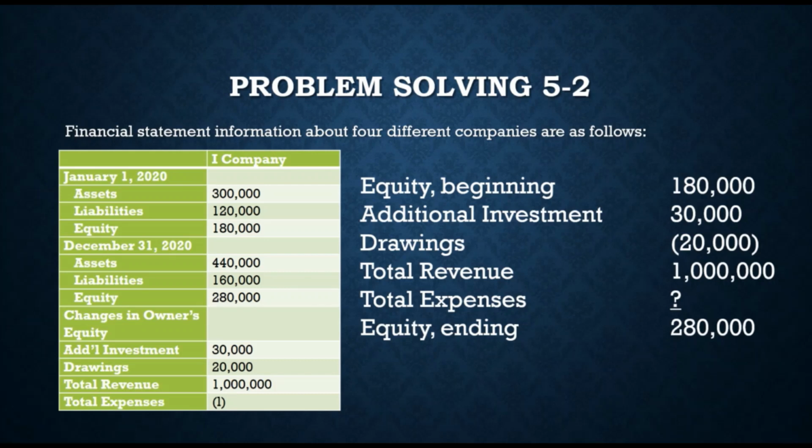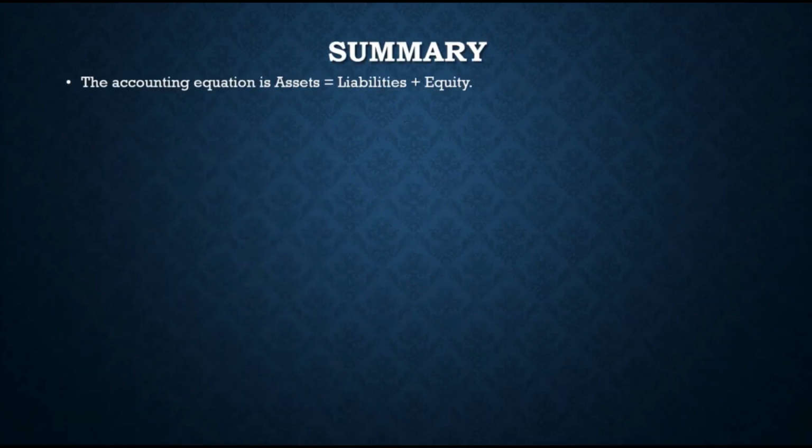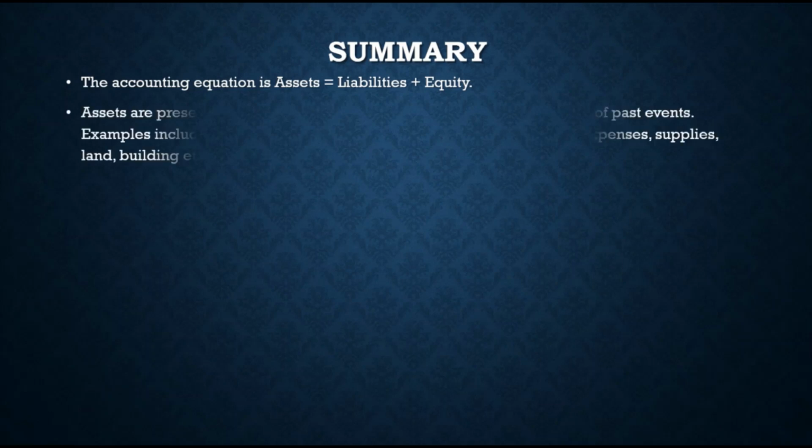So, 280,000 minus 1 million plus 20,000 minus 30,000 minus 180,000. So ang ating total expense during the year ay 910,000.